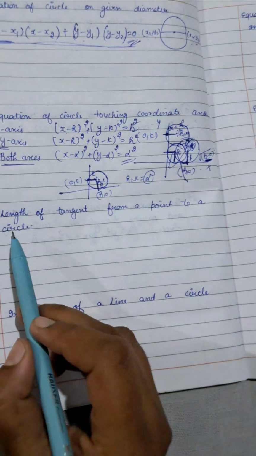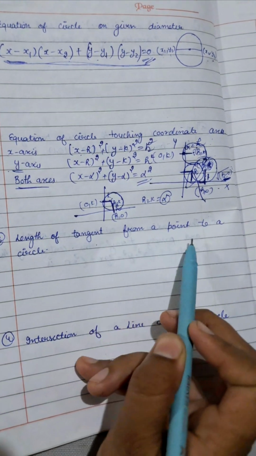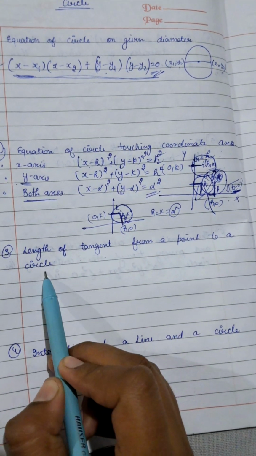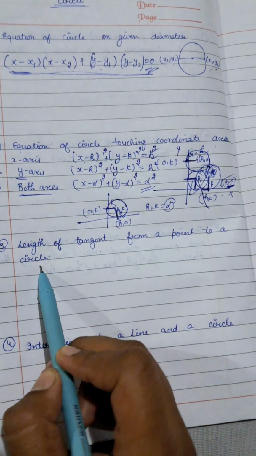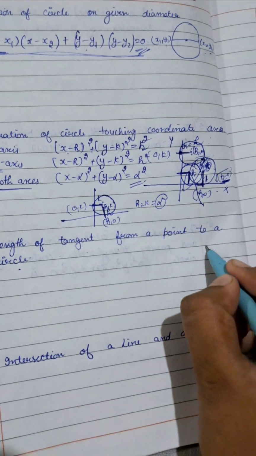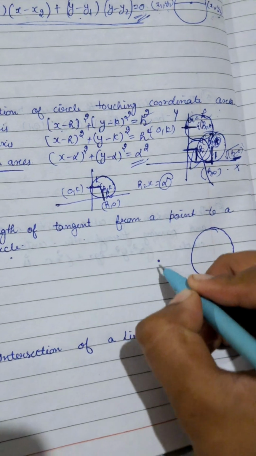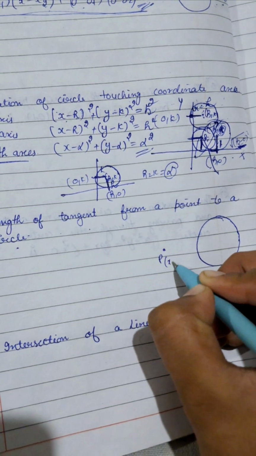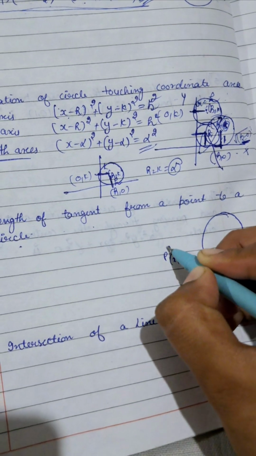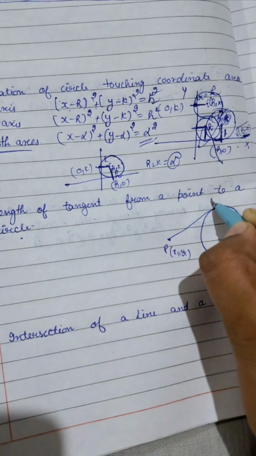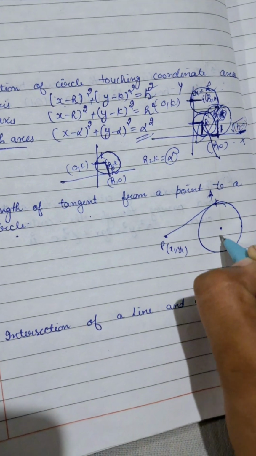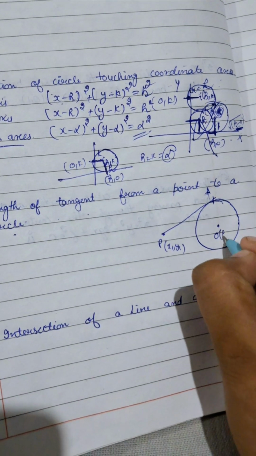Third point is the length of a tangent from a point to a circle. We have to calculate the length. Let's take a circle. Suppose from point P (x1, y1), a tangent is drawn to the circle at point A. This is our center O, some (h, k).